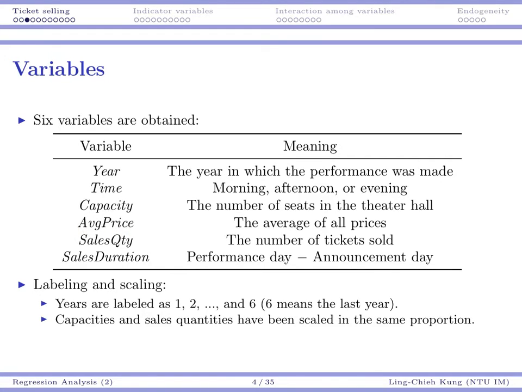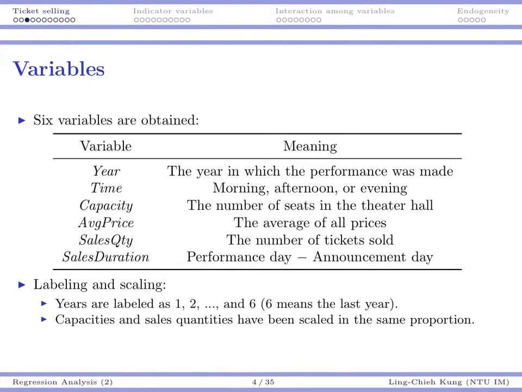Average price is the average of all the prices for that particular show. Because for each show, there may be 5 price classes or 6 price classes. Some tickets are priced high, some tickets are priced low. So this single number is the average of all the prices. It's not something that can describe all the prices, but at least it's some kind of representative.